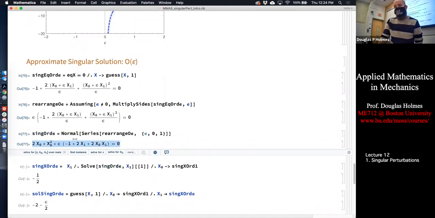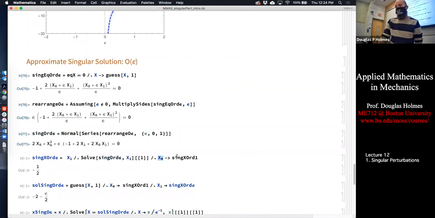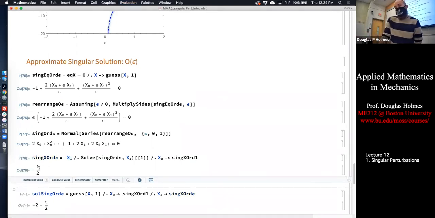This is pretty straightforward. As you recall, I know X naught. It was -2. So I can insert for capital X naught in my order 1 solution, and then I can solve for the only unknown in this equation, which is the coefficient x sub 1, and I get that x sub 1 is equal to -2.